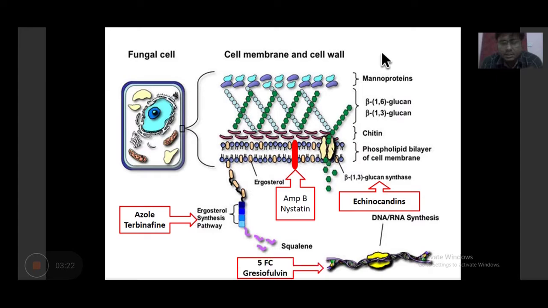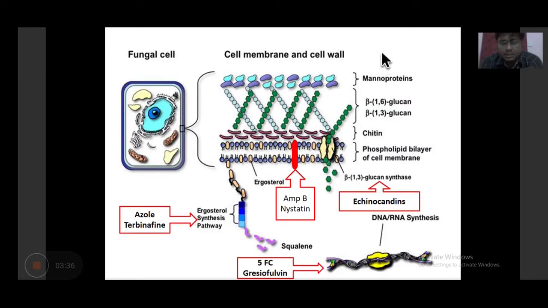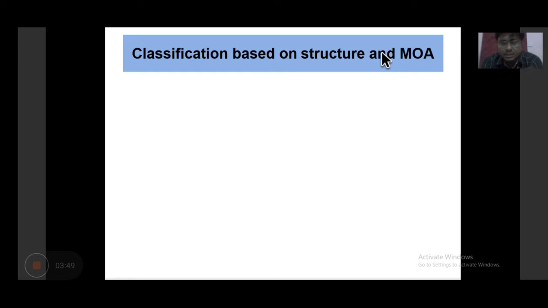Then there are some drugs like griseofulvin and 5-flucytosine, which act at the level of the nucleus, and they act by different mechanisms, which we can see again as we go ahead. So remember this diagram, we will see it again. I will show it again and again to understand the site of mechanism of action of the drugs which we are going to discuss.